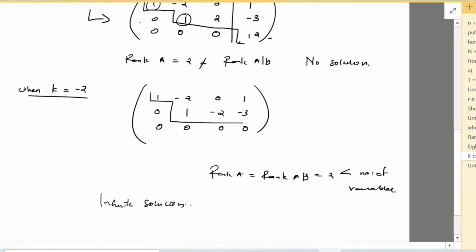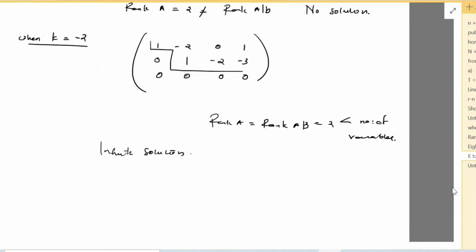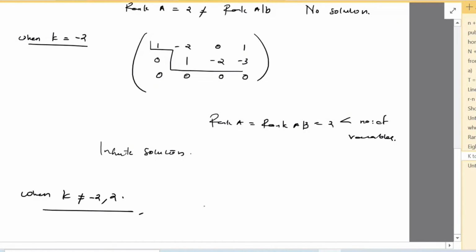So we know the answer for no solution and infinite solution. The remaining values of k, that means if k not equal to minus 2 and k not equal to 2, will always have a unique solution. So when k not equal to minus 2 and 2, the system has a unique solution.